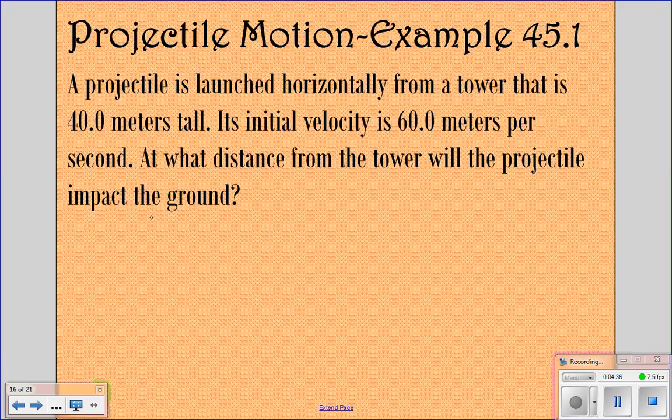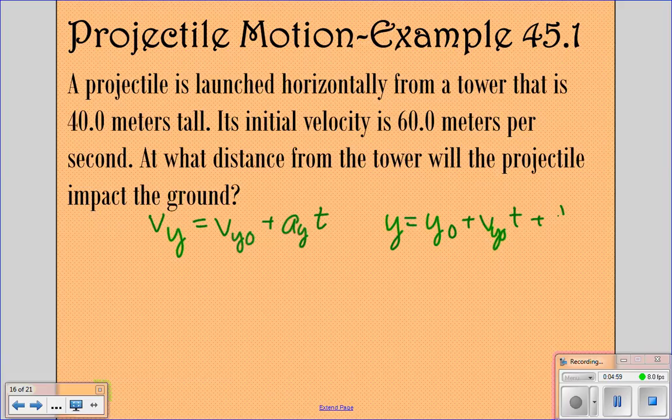We have v sub y equals the initial velocity, and then we also have the position equation where y equals y sub 0 plus v y 0 t, and then plus 1/2 a sub y t squared.